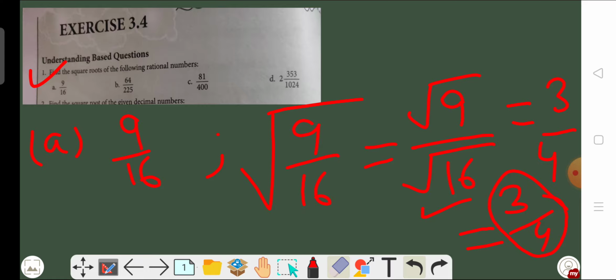Now we will do one more part of this question, that is C part. In the C part we have 81 by 400.